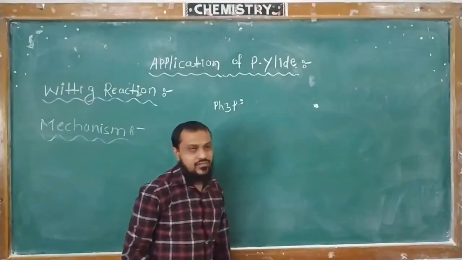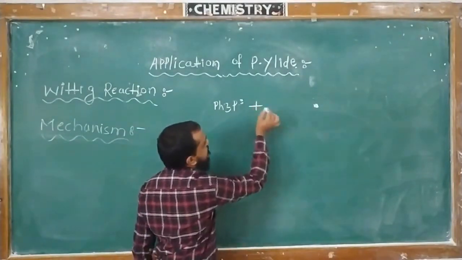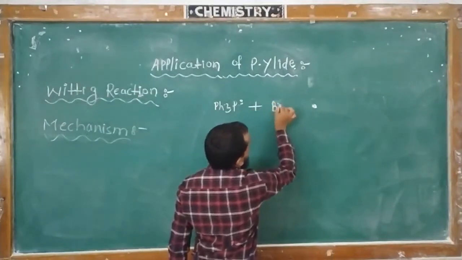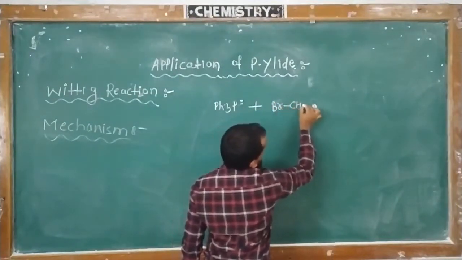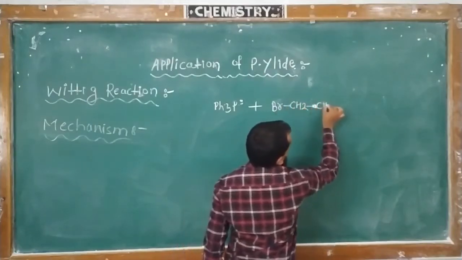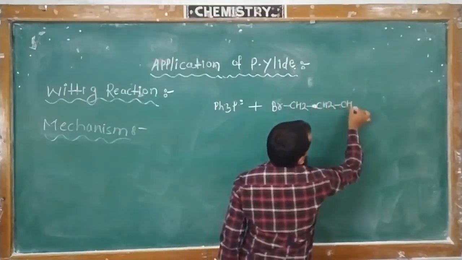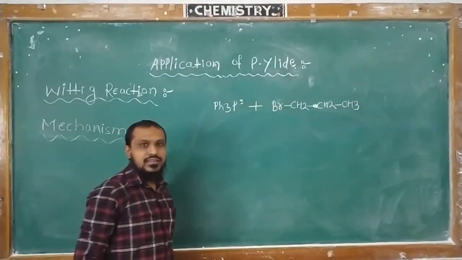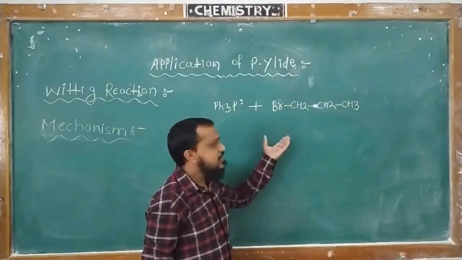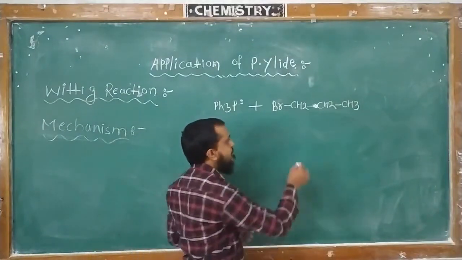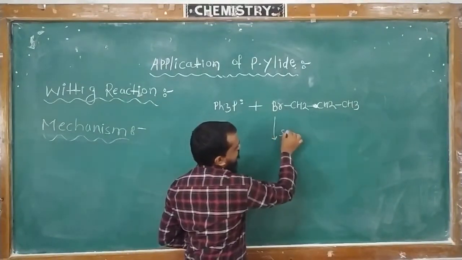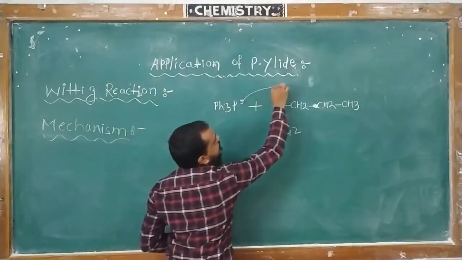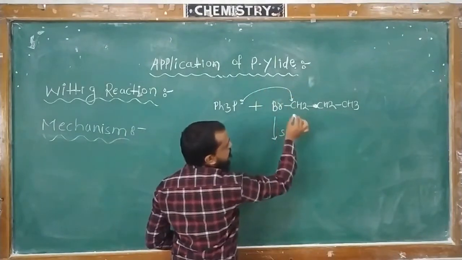This triphenylphosphine is reacted with this alkyl halide. This reaction undergoes an SN2 type. The lone pair of phosphorus attacks this carbon atom.